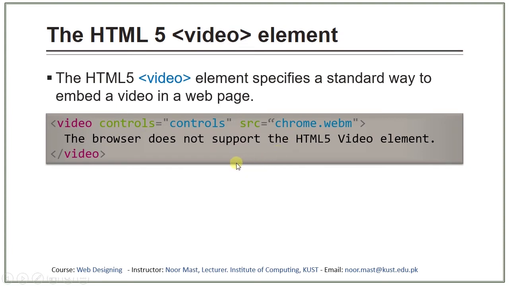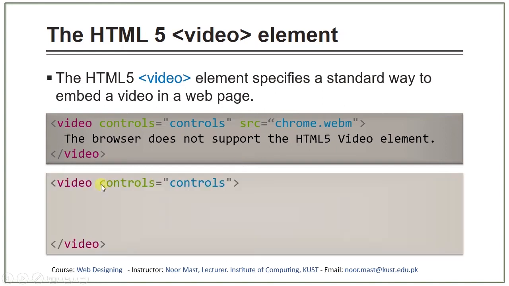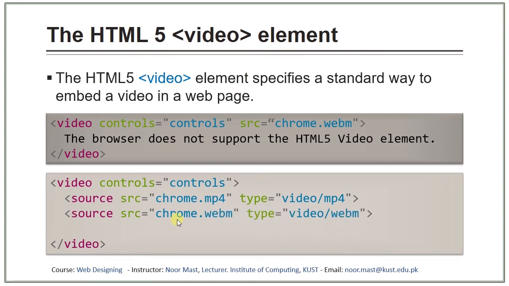Look at the second segment of code. It shows that you can use the source element to specify media along with media type. The video element allows multiple source elements and the browser will use the first recognized format of this video file.